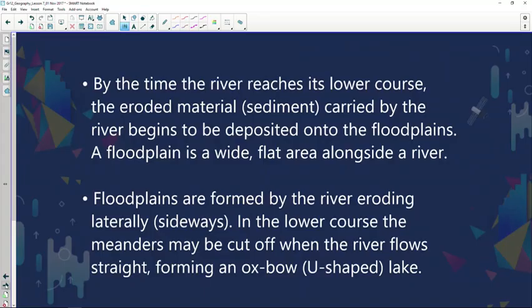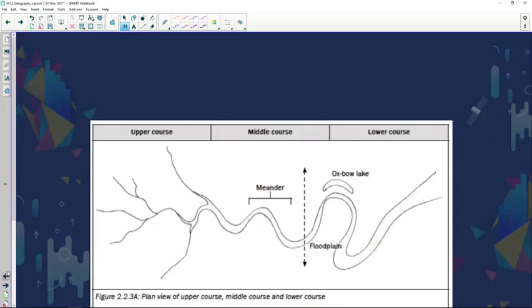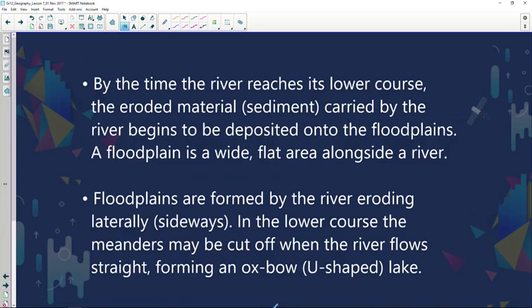Now today we're going to have a look at the three stages of a river. A river is divided into an upper, middle and lower course. I'm going to quickly draw a longitudinal profile on the bottom of this page.